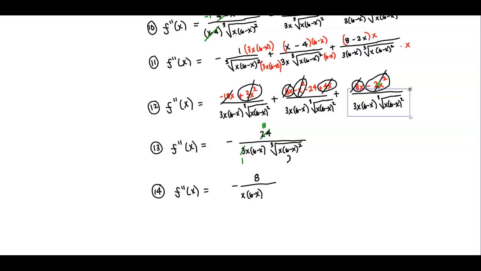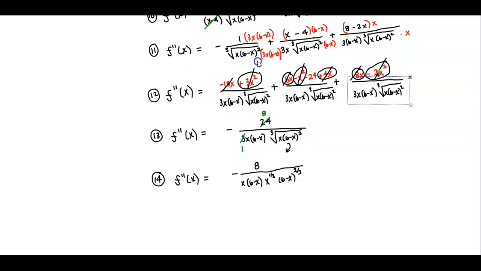Now remember what this looked like as fractional exponents. This was x to the 1/3, so this is times x to the 1/3. And we know this is (6 minus x) to the 2/3. So if we multiply this out, we get negative 8 over, well, x times x to the 1/3 means you have to add 1 with 1/3, which is 3 over 3 plus 1 over 3, so that's x to the 4/3.